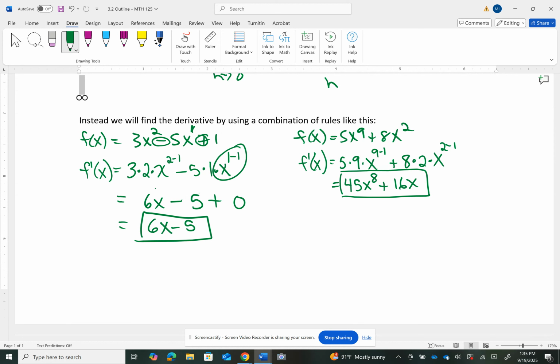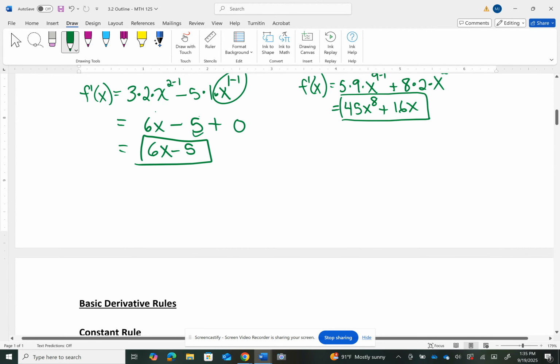And that'll help you understand why you get a 5 here. If you're thinking slope, you can think about why that second term winds up having a negative 5, because it's just a linear term. All right, enough of that. Let's go ahead and get busy with these rules.